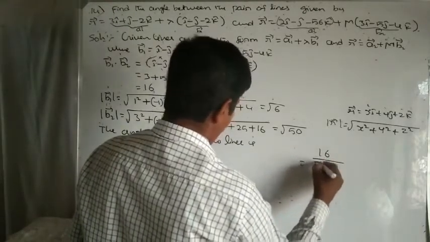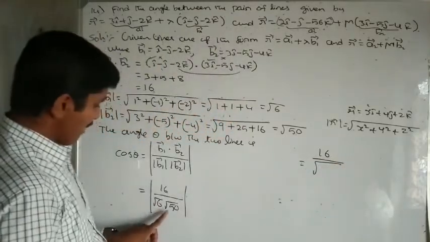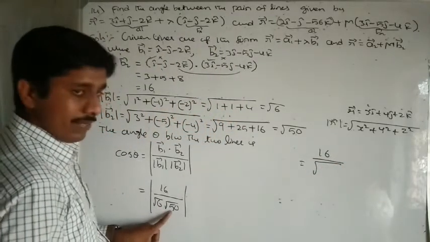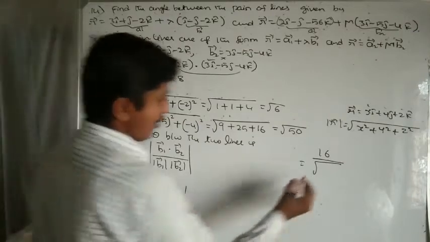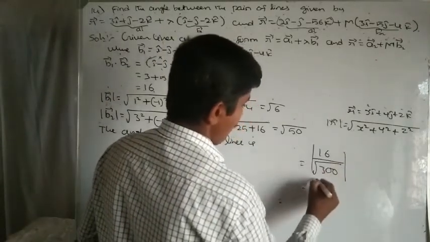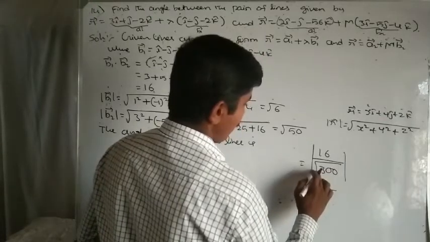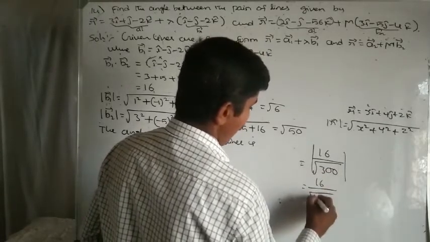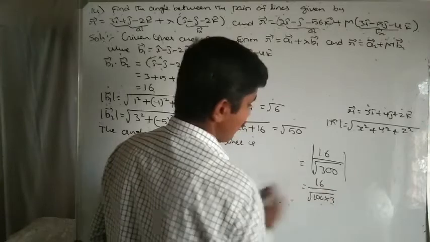16 divided by root 6 into root 50. 6 into 50: 6 fives are 30, so 300. The modulus means positive, so 16 divided by root of 300, I am writing 100 into 3.